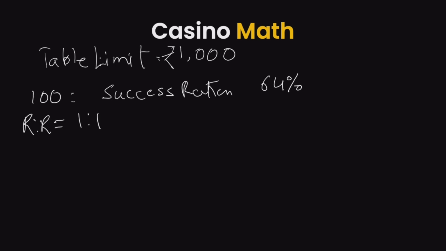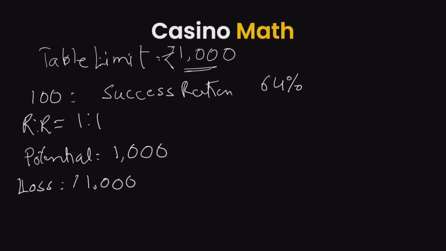So if the casino wins, they keep your money. If they lose, they have to give you their share of the money. Now, the potential profit per spin is this 1,000 rupee table limit at 1:1. So 1,000 rupees is their profit, and the potential loss is 1,000 as well. They will either make 1,000 rupees or lose 1,000 rupees. So after 100 spins, what is the situation?